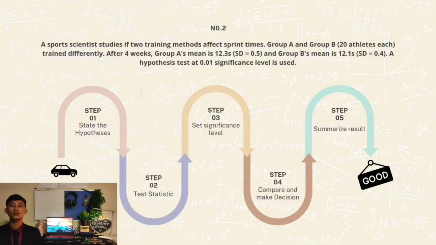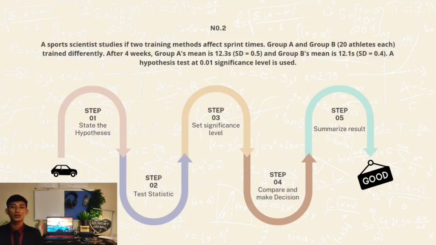Group A trains using method 1 and Group B uses method 2. After 4 weeks of training, we measure the sprint time. Group A had an average time of 12.3 seconds and Group B had 12.1 seconds. It looks like a small difference, but the question is, is it statistically significant?